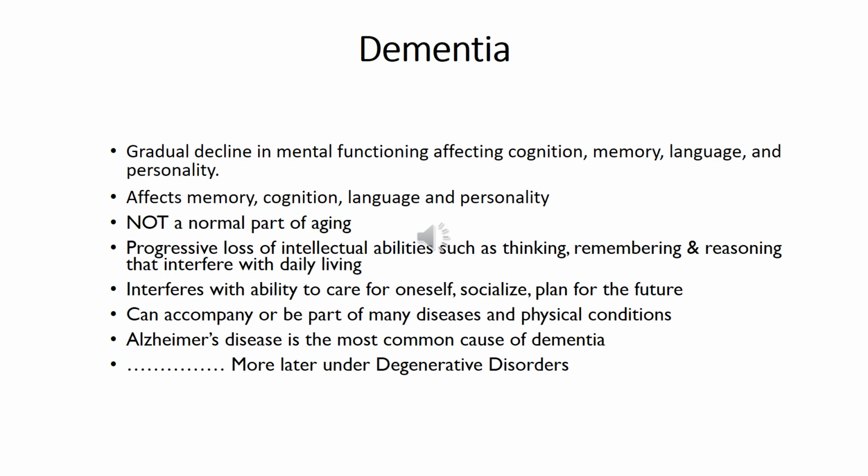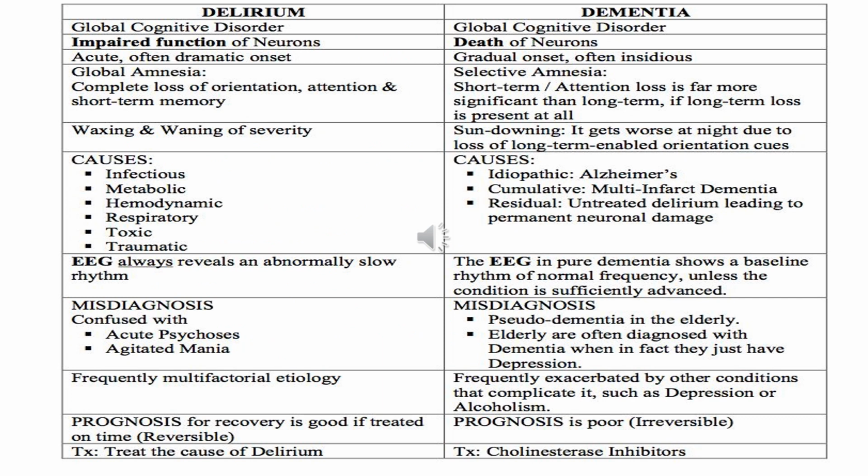Dementia can accompany or be part of many diseases and physical conditions. Alzheimer's disease is the most common cause of dementia. This PowerPoint demonstrates a comparison of delirium and dementia.